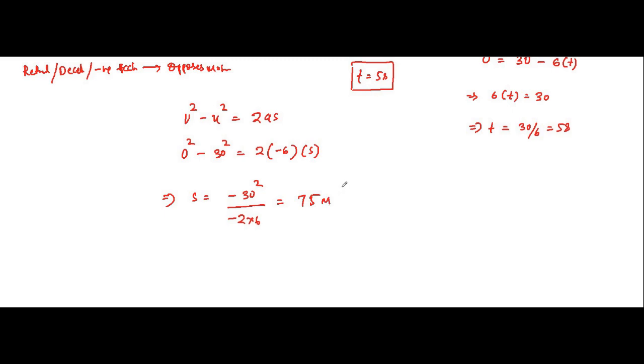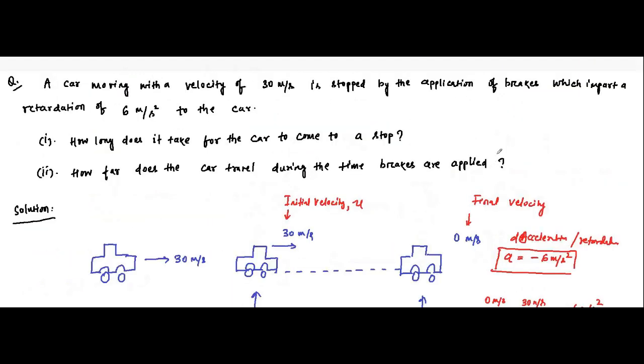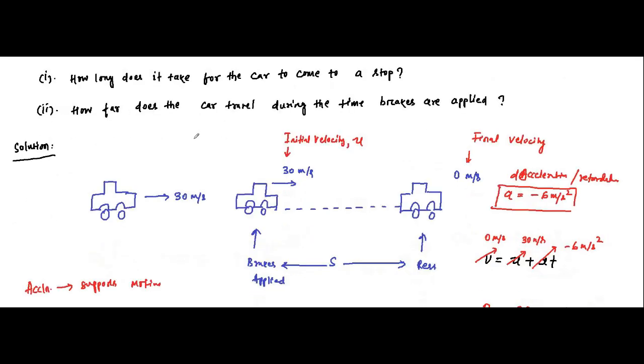So the question here was based on the concept of negative acceleration or deceleration. Again it was very simple and straightforward. All we had to do is use our common sense to determine that from the moment the brakes were applied, the car will come to rest.